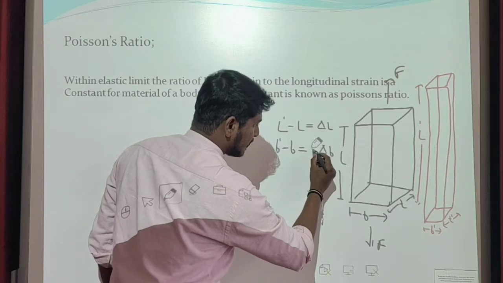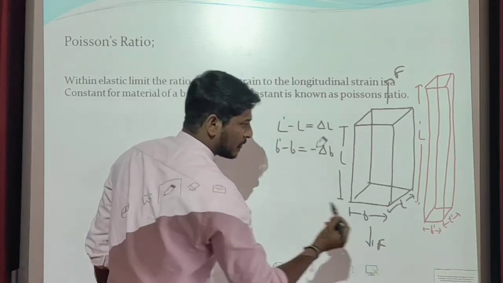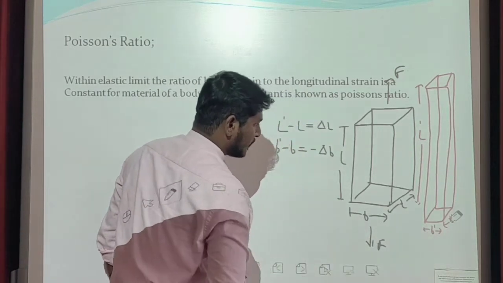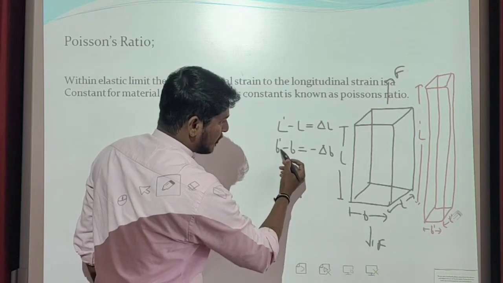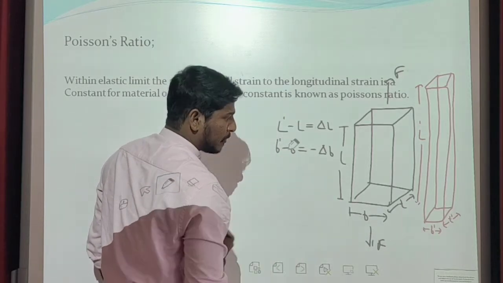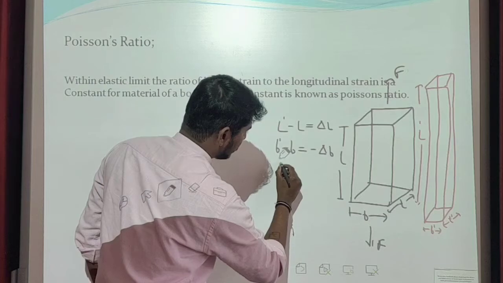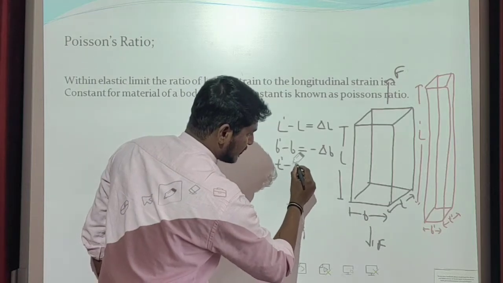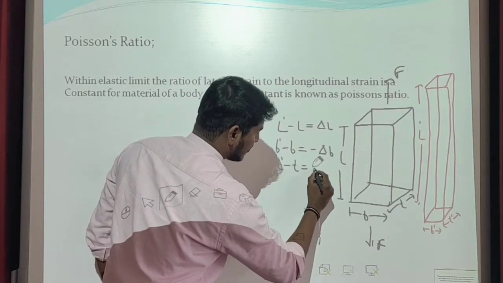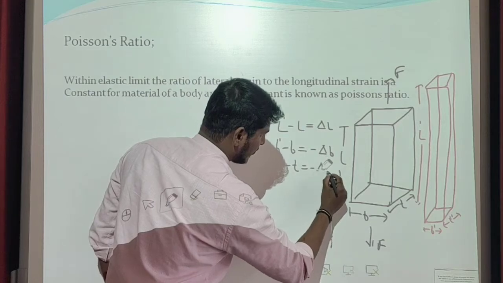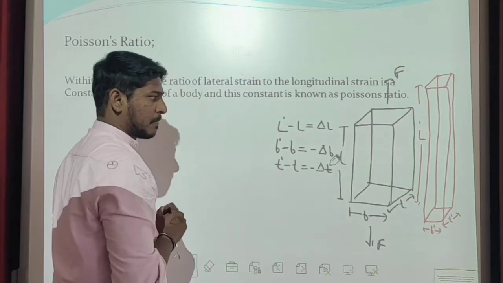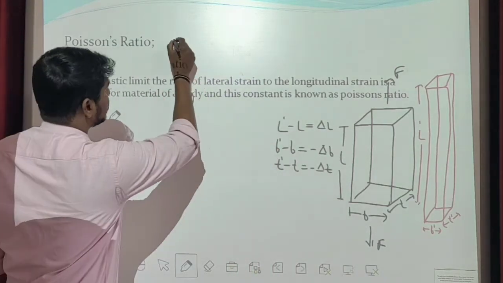It has a negative sign because this difference is negative. So B dash minus B is equal to minus delta B, and final thickness minus initial thickness is equal to minus delta T.